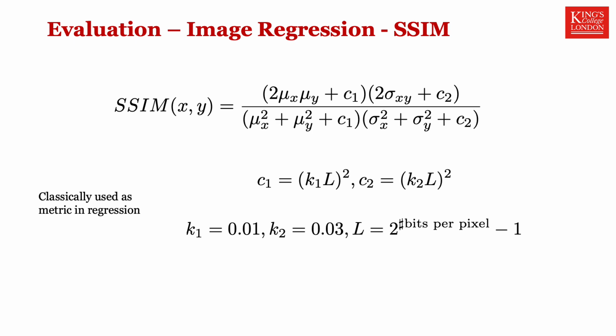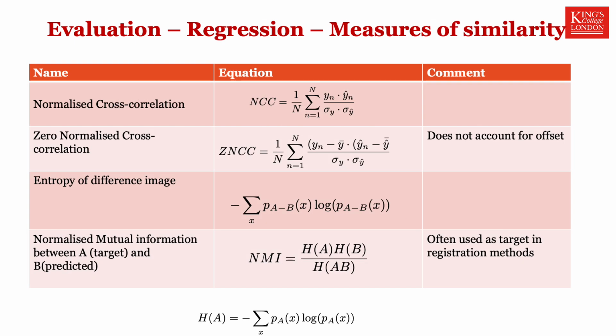So in terms of other similarity measures, you have classically the normalized cross correlation and the associated zero normalized cross correlation. For the normalized cross correlation, you are simply multiplying one predicted sample with the associated ground truth, and you divide all that by the standard deviation of each of the images.